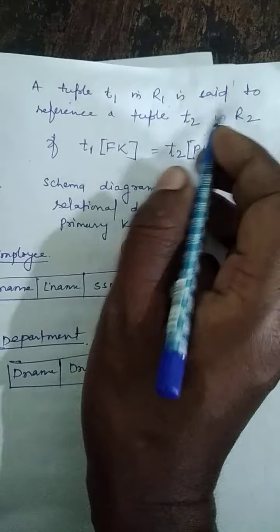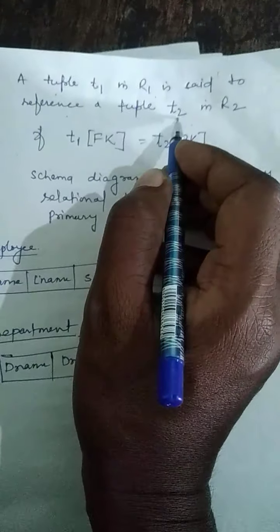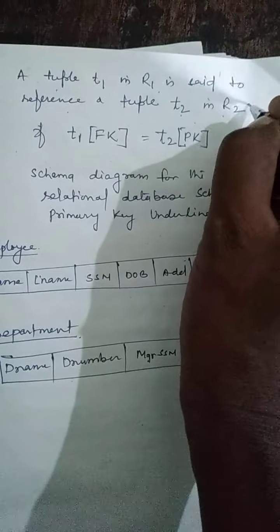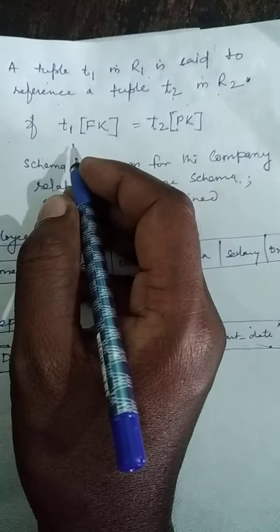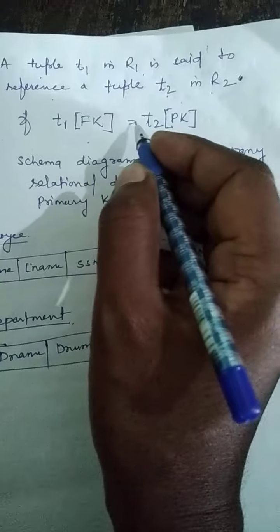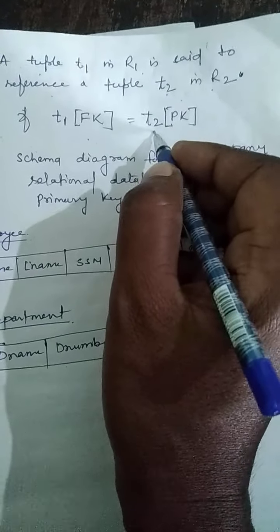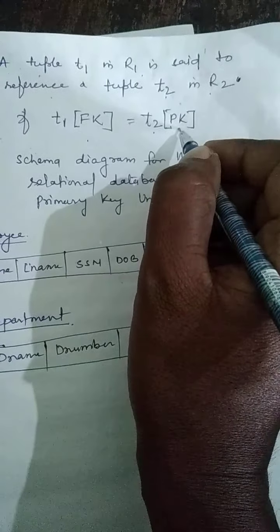A tuple t1 in R1 is said to reference a tuple t2 in R2 if t1[FK] equals t2[PK].